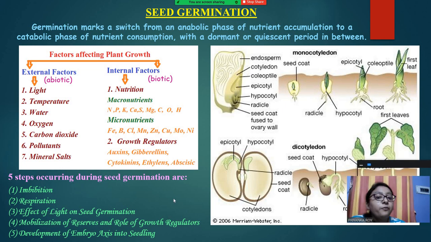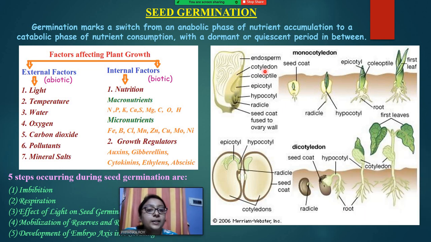In case of monocot, you can see that there is only one cotyledon inside the seed, and the endosperm is here, and there is the hypocotyl and the epicotyl. The hypocotyl is surrounded by the radicle, and there is the seed coat which is covering the entire seed, and it is fused to the ovary wall.